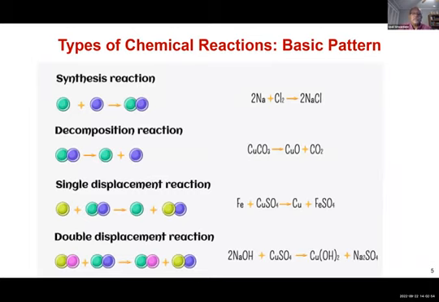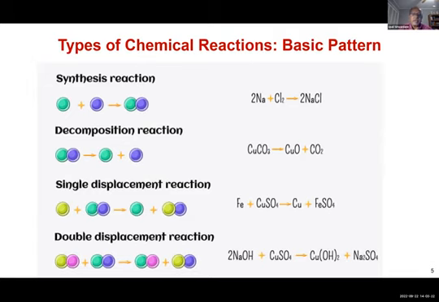Synthesis reaction, where 2 elements form a compound, is called a synthesis reaction. The second one is breaking up, decomposition. A compound is broken down into simpler compounds. Copper carbonate is broken down into copper oxide and carbon dioxide.